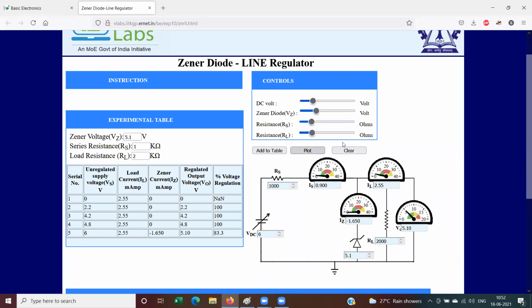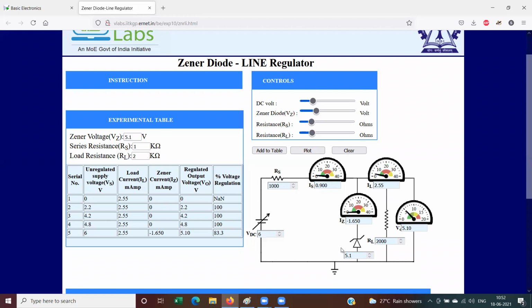Okay, as soon as this diode enters breakdown, that is 5.1 volt, you see that this voltage will not change anymore. And if you ignore this, what they have done, I don't understand. And see, if you add these two currents, you will get this current.